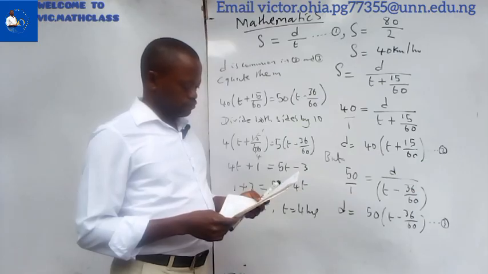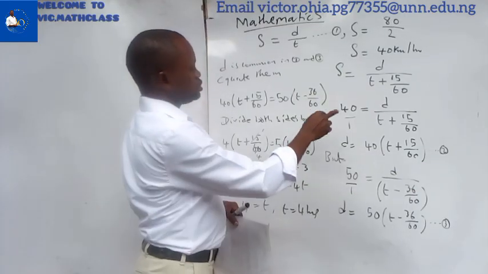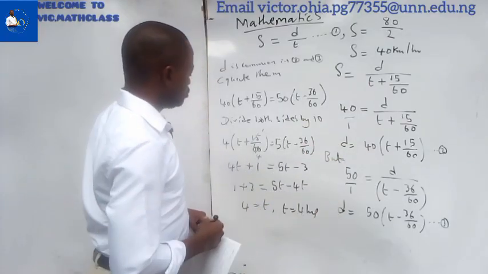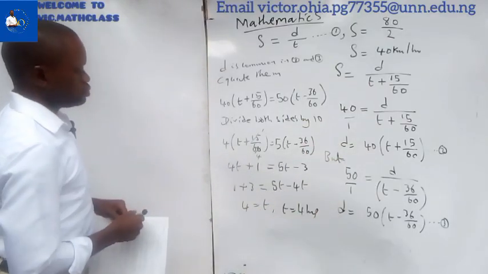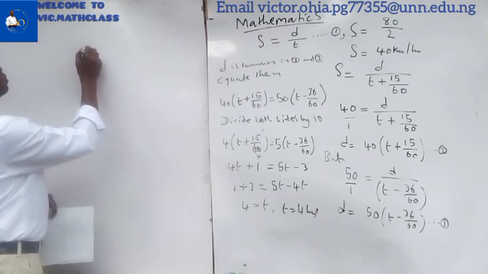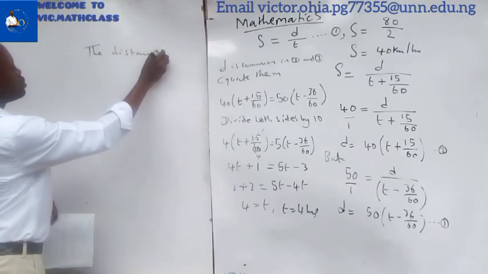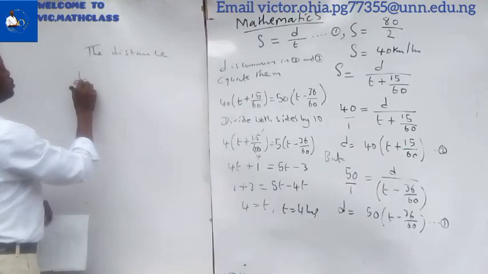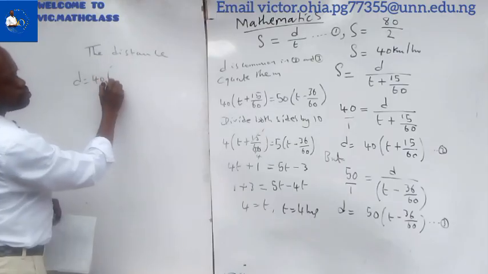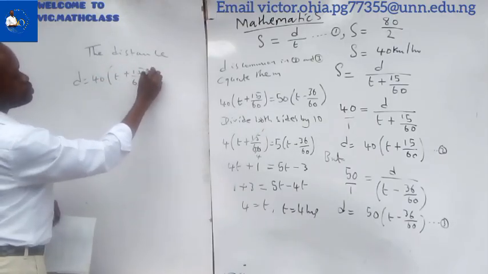But the question says find the distance between Gaja and Banga. We have distance already here or here. So any one of them, you can use to get the distance. You now say that the distance d is equals to 40(t plus 15 over 60).